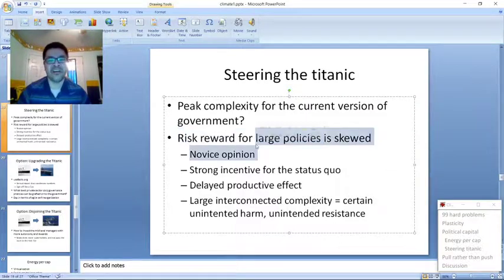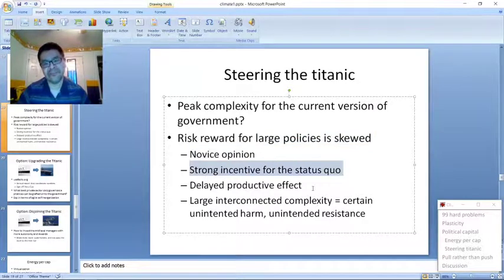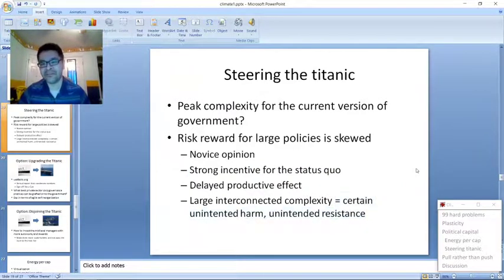This is a novice opinion, but it seems that there's a large incentive for preserving the status quo, and large policies are not rewarded because they have a delayed productive effect, and they're immediately punished by certain unintended harm, unintended resistance, immediate, definite.